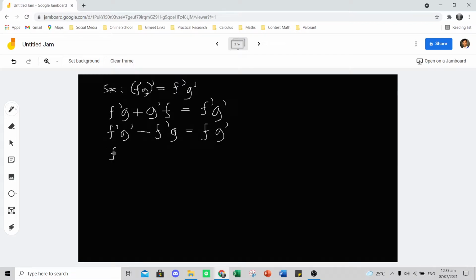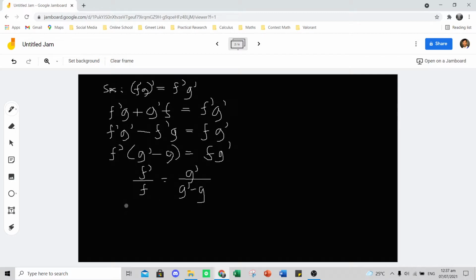Notice that we can factor out f prime, and this is equal to f g prime. And we can separate f and g by dividing by f and dividing by g prime minus g. So we have f prime over f equals g prime all over g prime minus g.